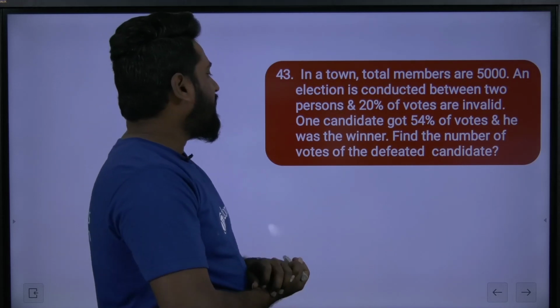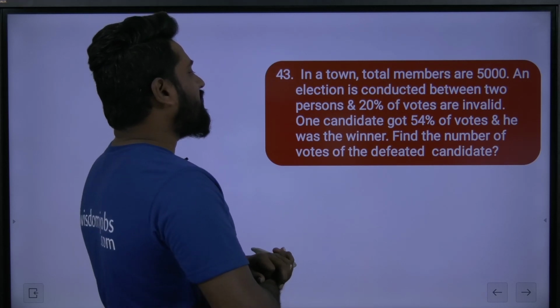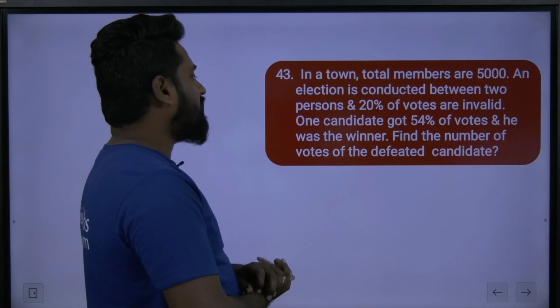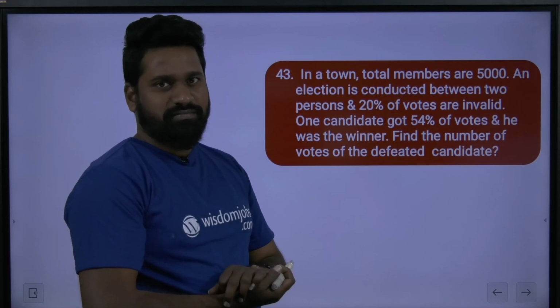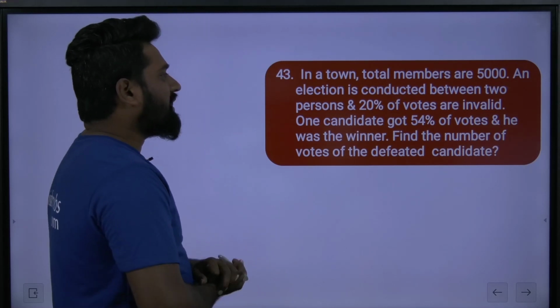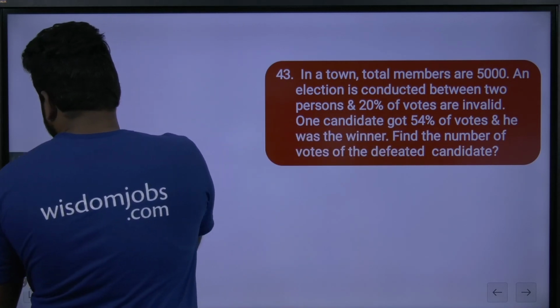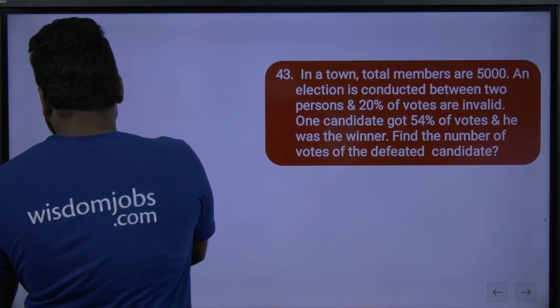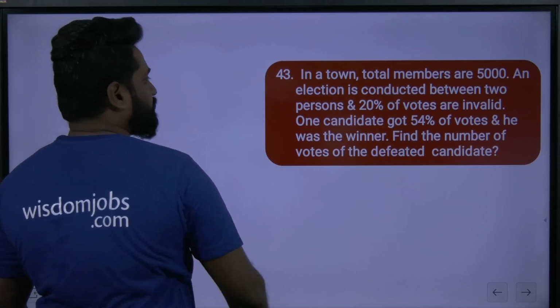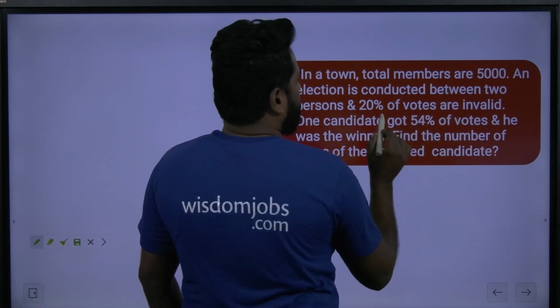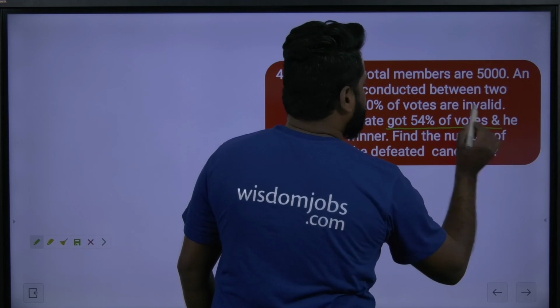Is it clear? He was the winner. Now it is asking to find the number of votes of the defeated candidate. That's it. So if you observe clearly here, he has taken 54% of the votes.